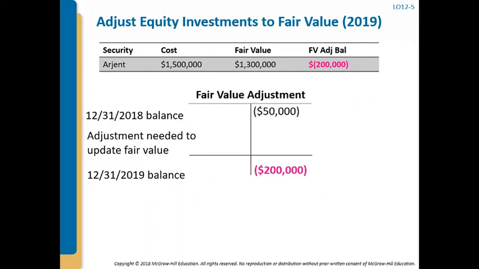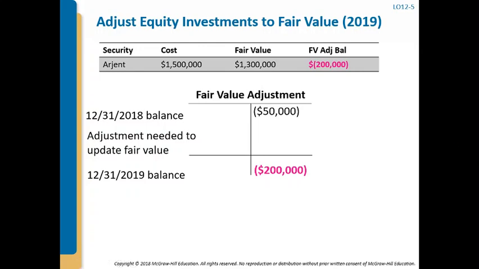Now, let's say you didn't sell and you held that same stock until 12/31/2019. So what you had was your balance in the fair value adjustment as of 12/31/18 of $50,000.